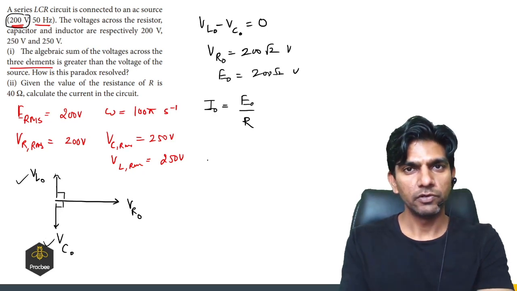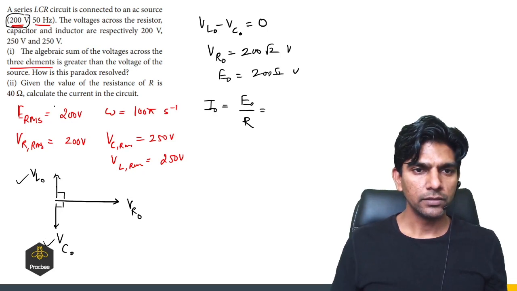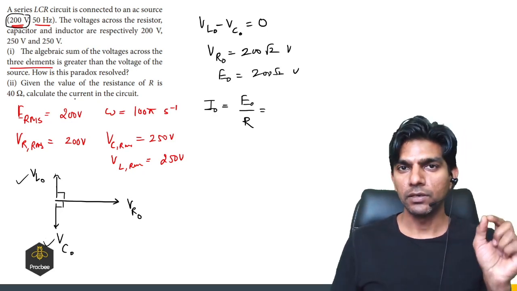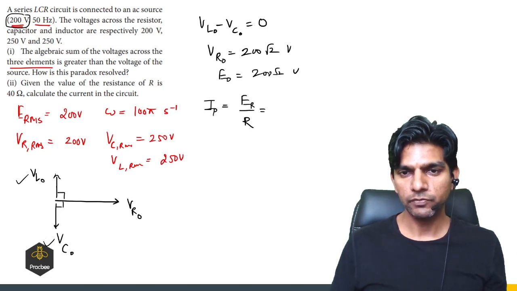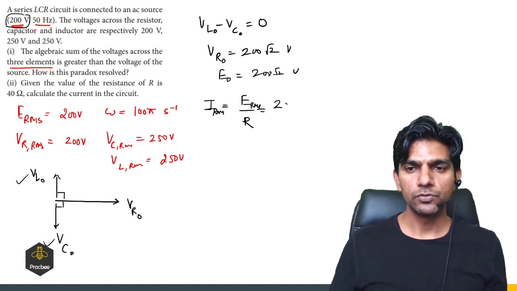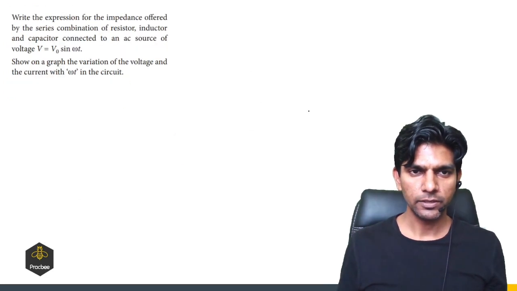Because XL will be equal to XC. If they are asking for the current in the circuit, you have to find the RMS value. So we will find the RMS value. E RMS is given as 200, R is 40, so this will be 5 ampere. So this is the answer of the second part.